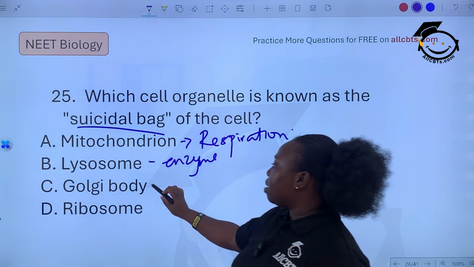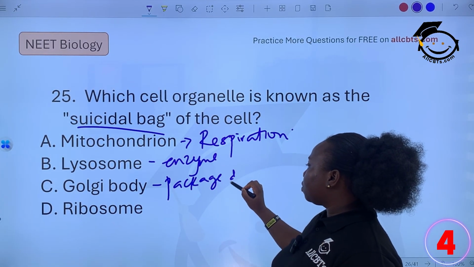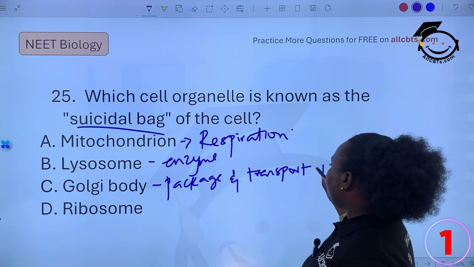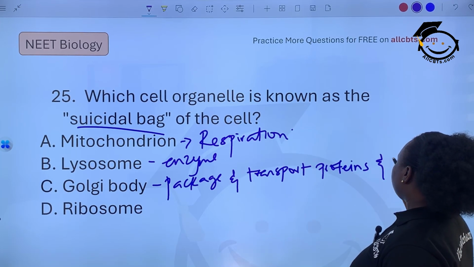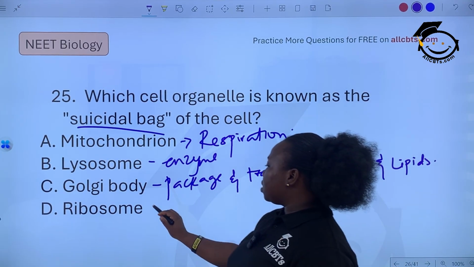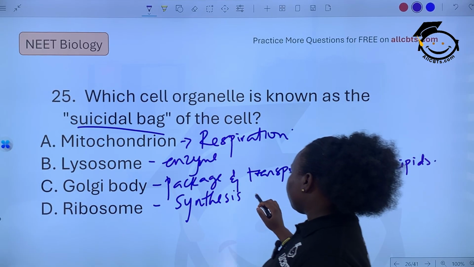Golgi bodies package and transport proteins and lipids, while ribosomes are for the synthesis of protein in the cell.